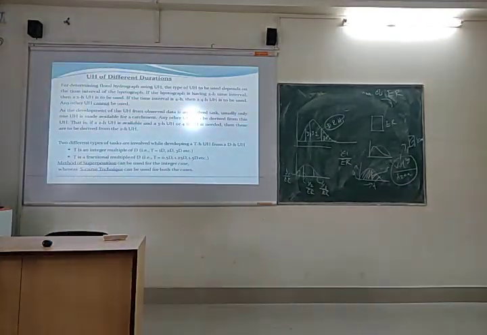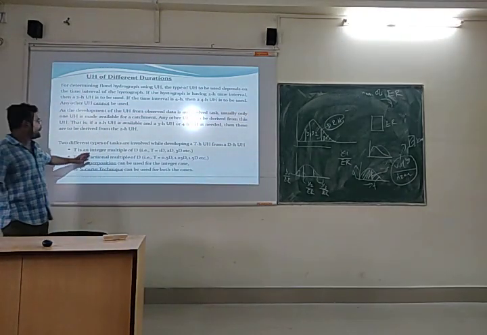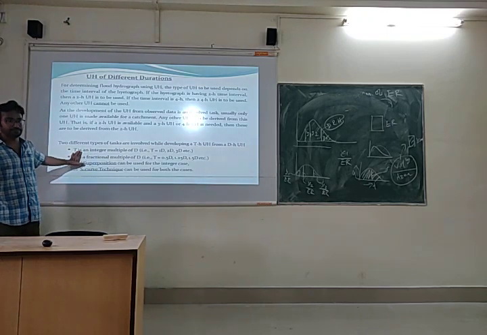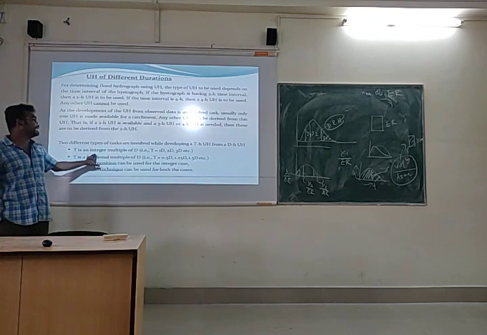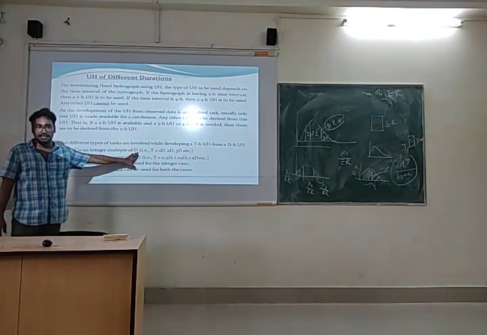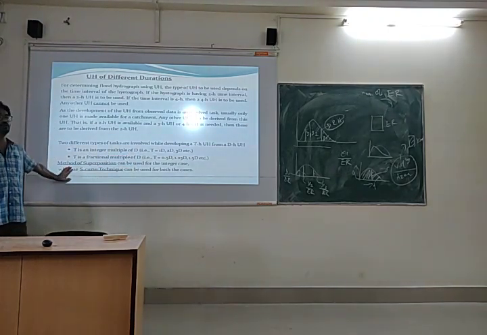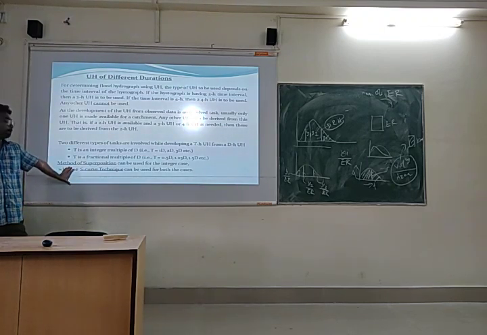In case 1, if the time for which you are trying to find the direct runoff hydrograph is an integer multiple of D, then we can simply go by this formula or method, that is the method of superposition.